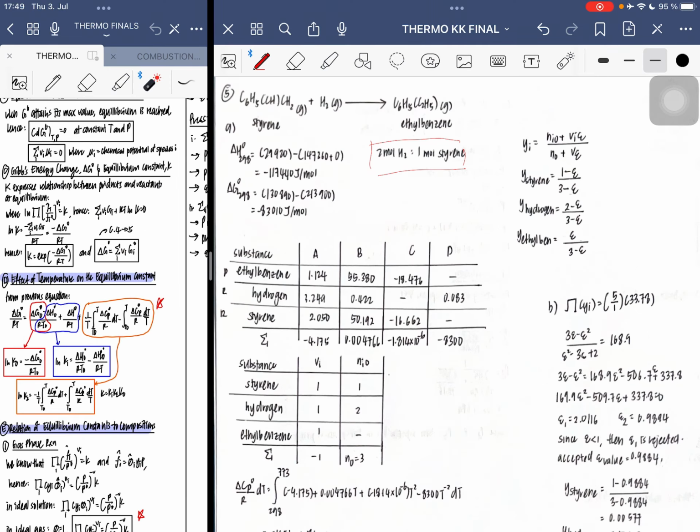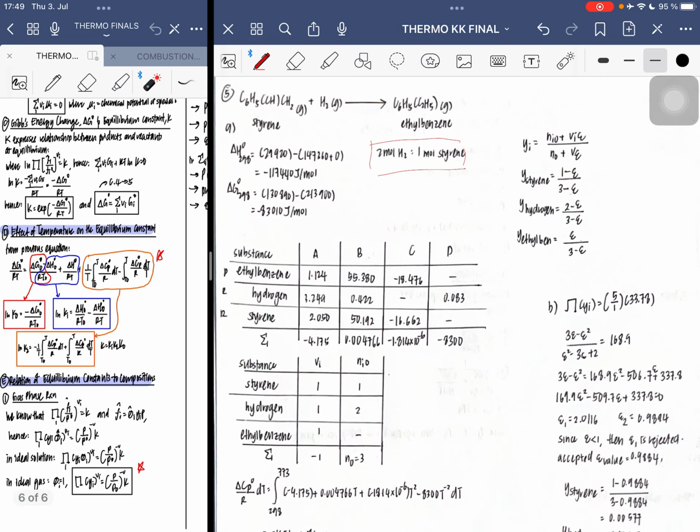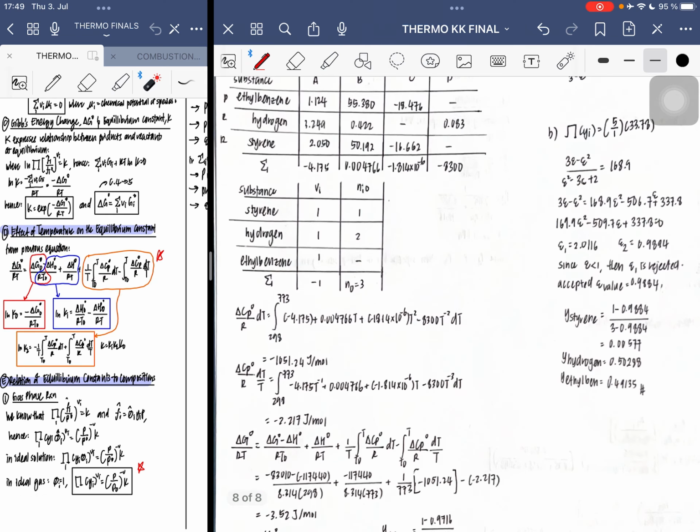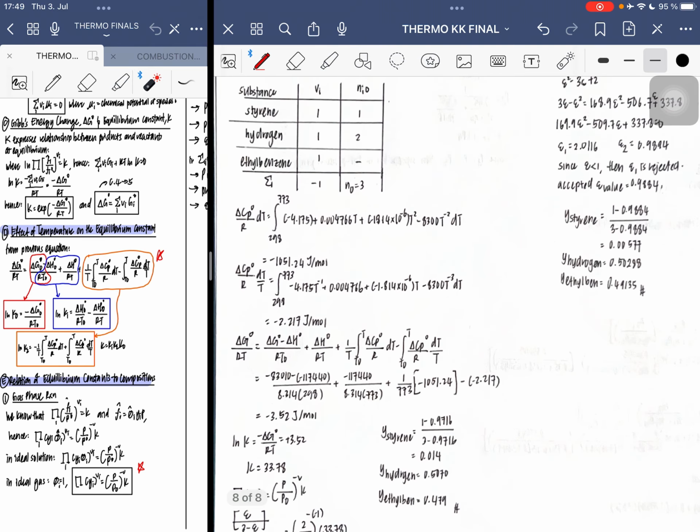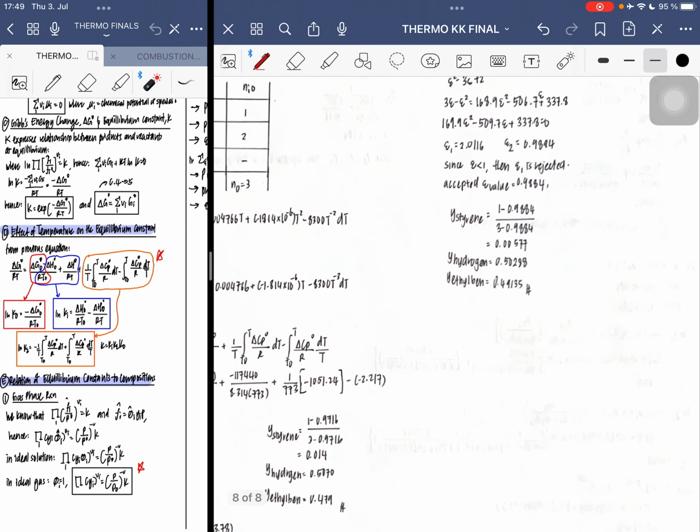To condense it, the first step is to find the G naught over RT from the long equation. The second step is to find the equilibrium constant, which is K, from this equation. Third step is to find the mole ratio.